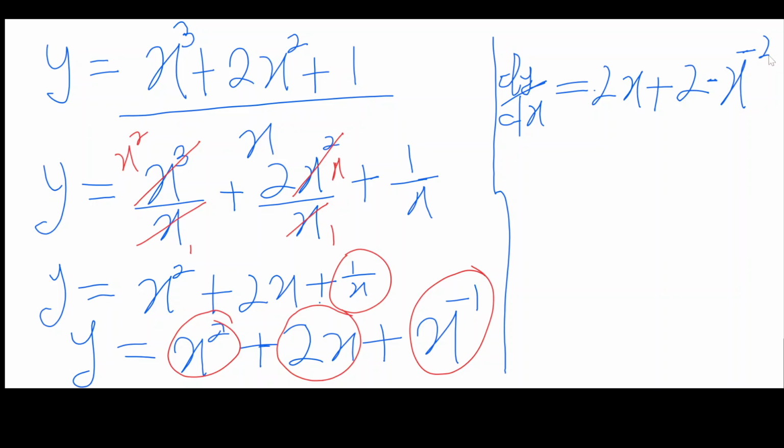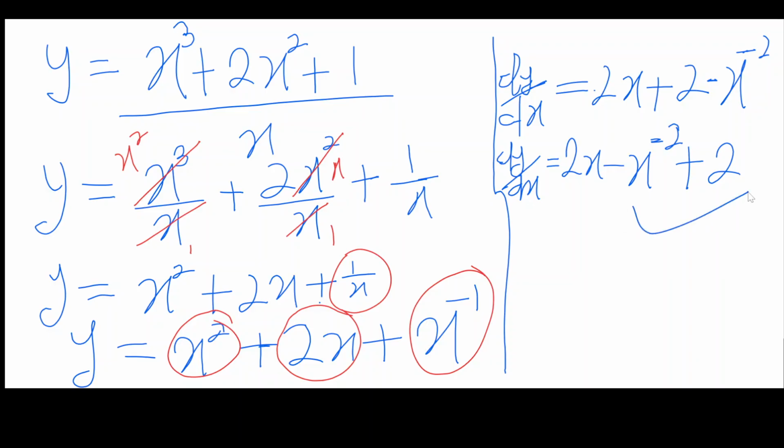So the final answer is this. So let me write properly. So we have dy/dx equals 2x minus x to the power of negative 2, then plus 2. So this is the final answer.